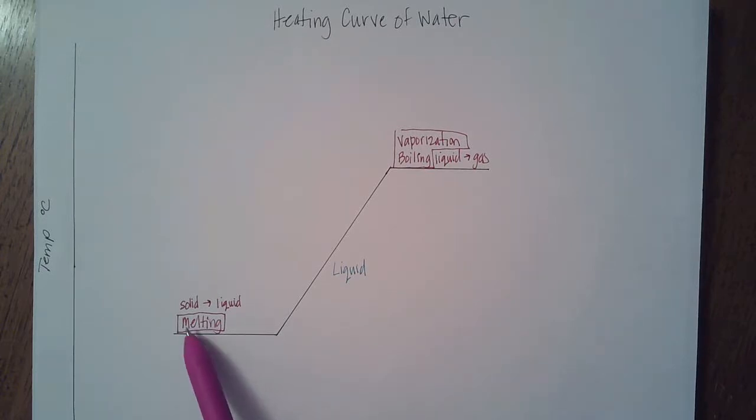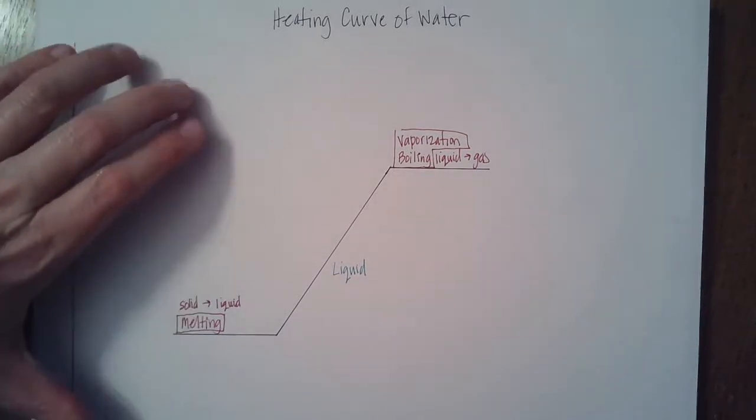And we talked about how this is going from a solid to liquid. And we said that the energy for that had a special name. We called that energy E phase energy.